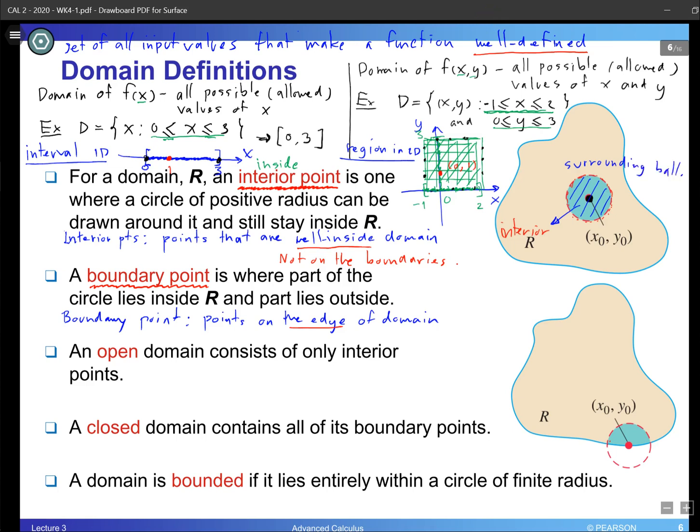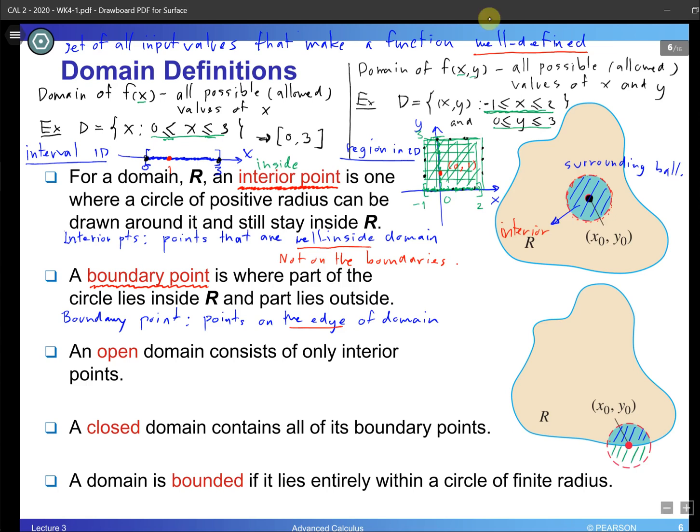Okay, so what about the boundary point? What's going to happen? If you have a point in the domain and you create a surrounding ball, and it turns out that part of the surrounding ball is inside like this and another part of this ball is outside like that, it automatically means that this point is on the boundary.